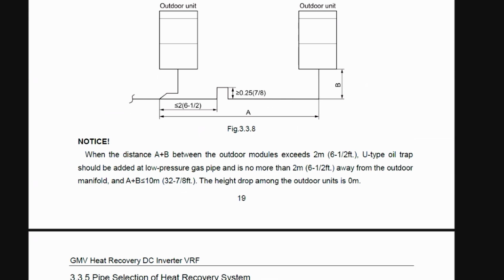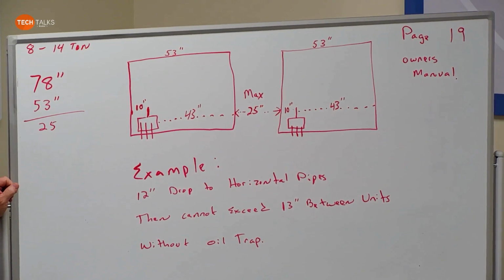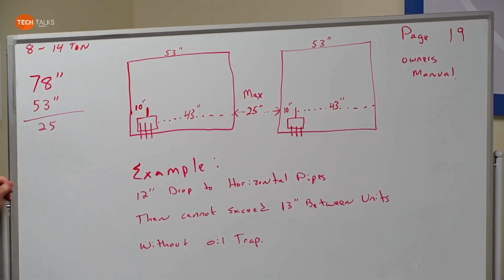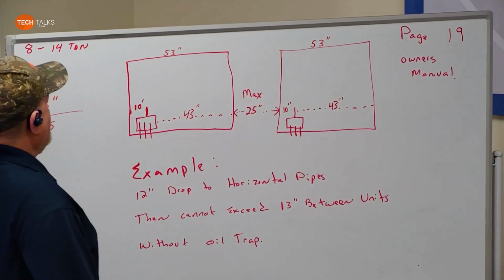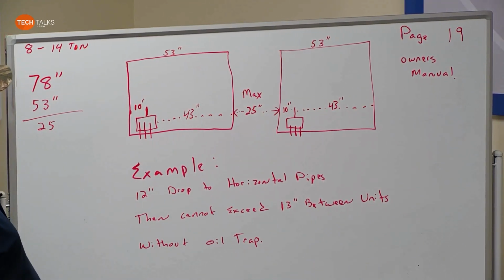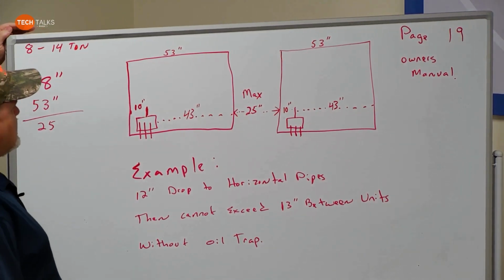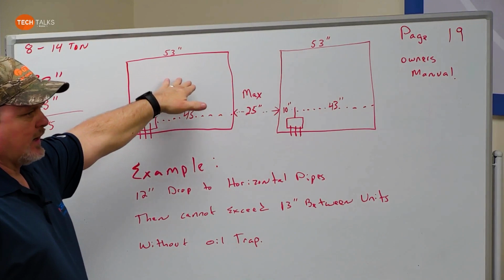So we drew this up, and this all comes back to your dimensional differences from the unit. So if I can get Nick to bring that camera around to our dry erase board over here. Okay, so what we did, the 8 through the 14 ton all have the same cabinet sizes, okay? So they're all 53 inches wide.